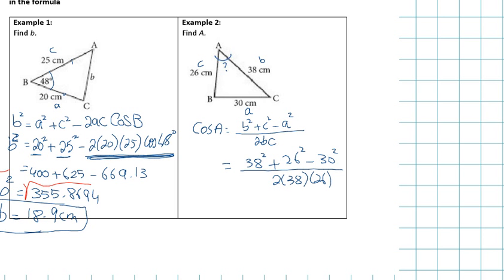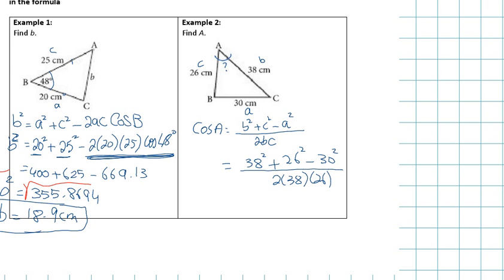Okay, how do I enter this in the calculator? If you enter it as you see it right here, it's going to be a problem, because the calculator takes 30 squared divided by 2, and then multiplies by 38 and 26. So your answer is going to be totally wrong.